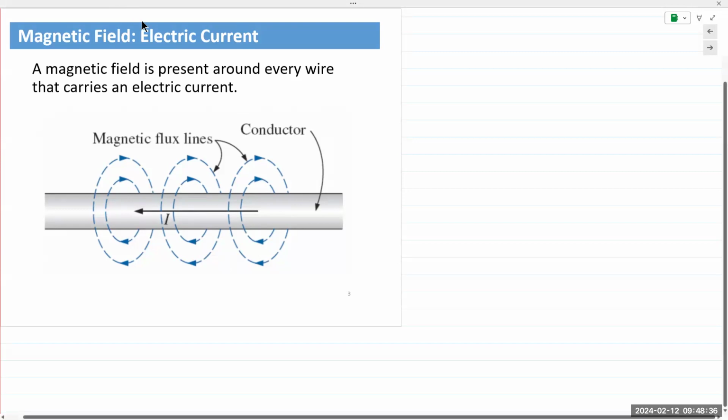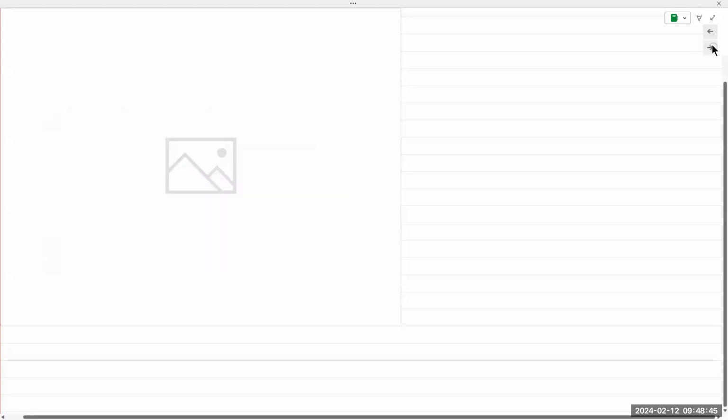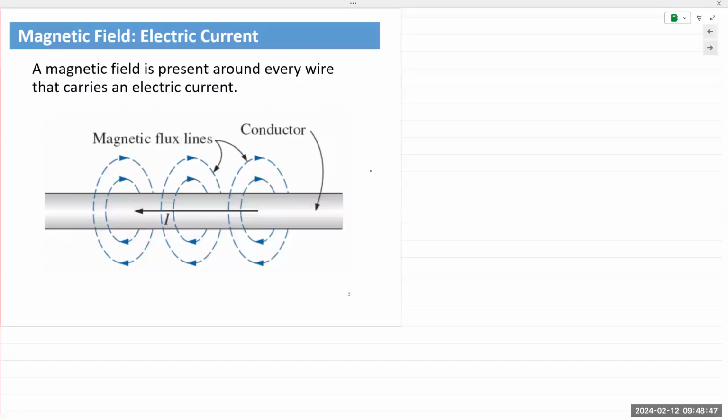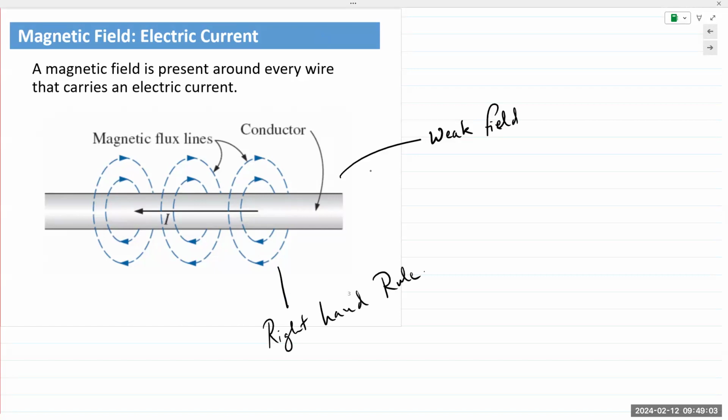This magnetic field is very, very weak. It is not strong, and it does not rise to the level of interference. This is the weak field, and of course, the right-hand rule. Again, these are just basic concepts before we go into the equations.